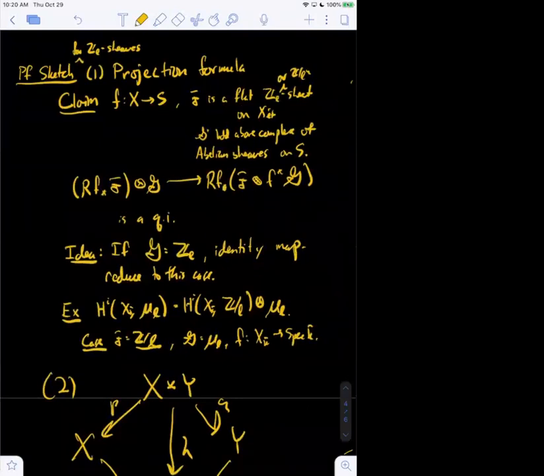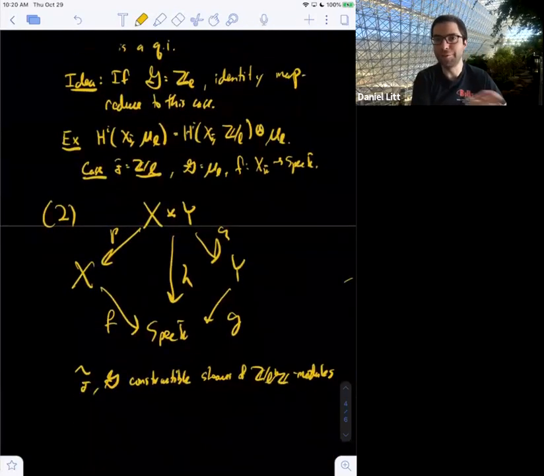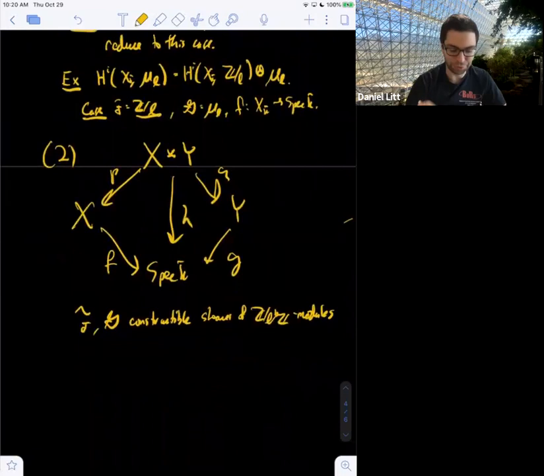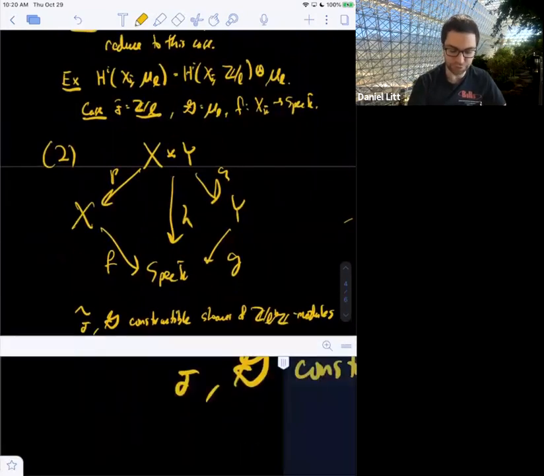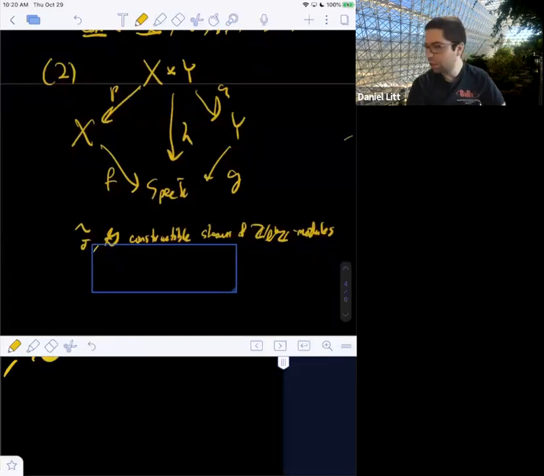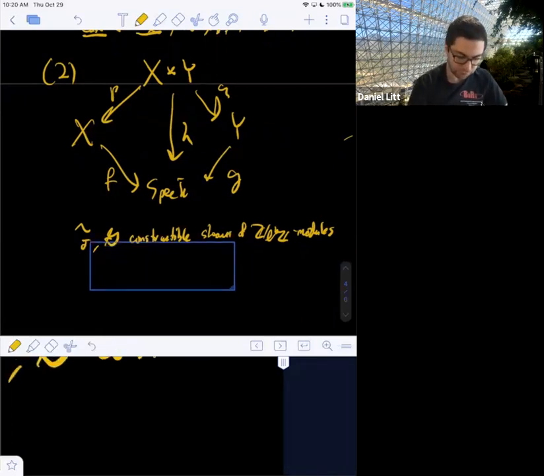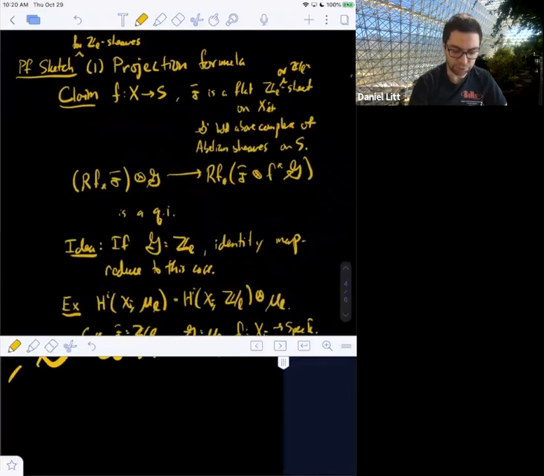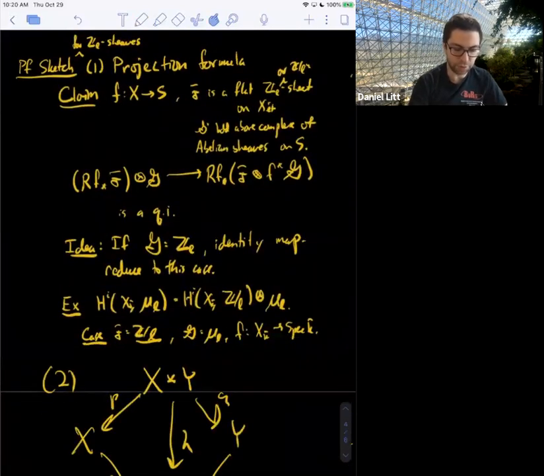So a flat constructible sheaf of Z mod L^n Z-modules is a sheaf of free Z mod L^n Z-modules. And as before, I'm going to assume... you don't actually need that, by the way. If you replace these tensor products with derived tensor products, you don't need flatness.